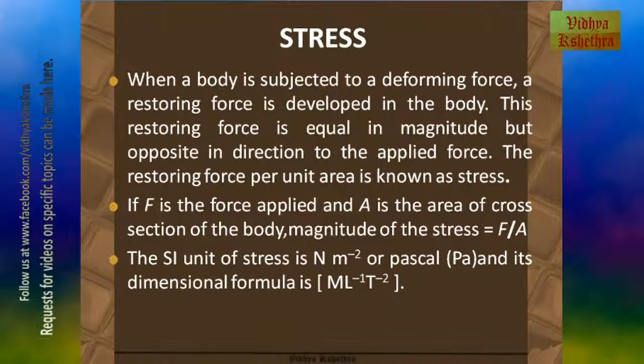If F is the force applied and A is the area of cross section of the body, then the magnitude of stress is given by force divided by area. The SI unit of stress is newton per square meter (N m^-2) or pascal, and its dimensional formula is M L^-1 T^-2.